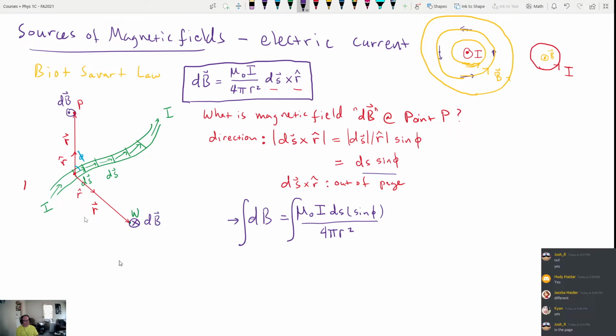If you're sitting there thinking about this, you might realize that if I picked another random point over here, maybe we call this point Y, what's the direction of the magnetic field at this point going to be? How do you figure it out?